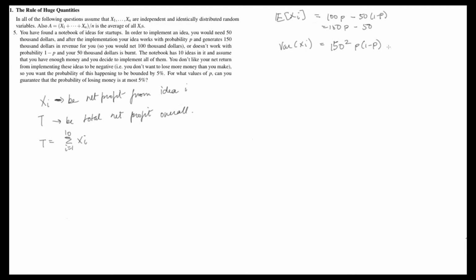You can also calculate this using expectation of Xi squared minus expectation of Xi the whole squared, and you'll get the same thing. So yeah, you can check that if you want.